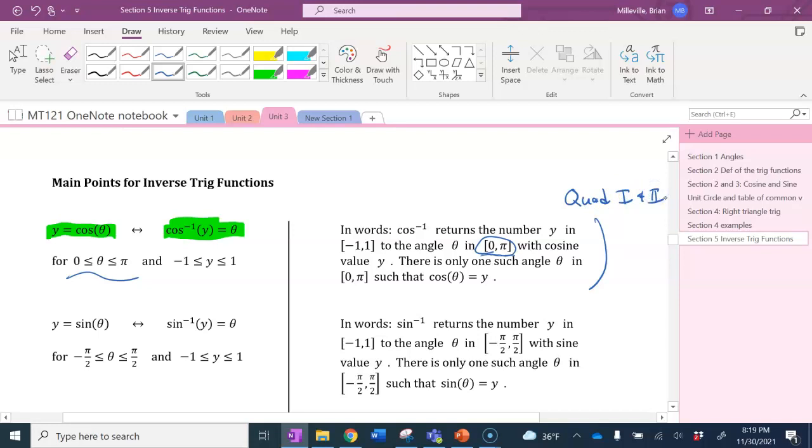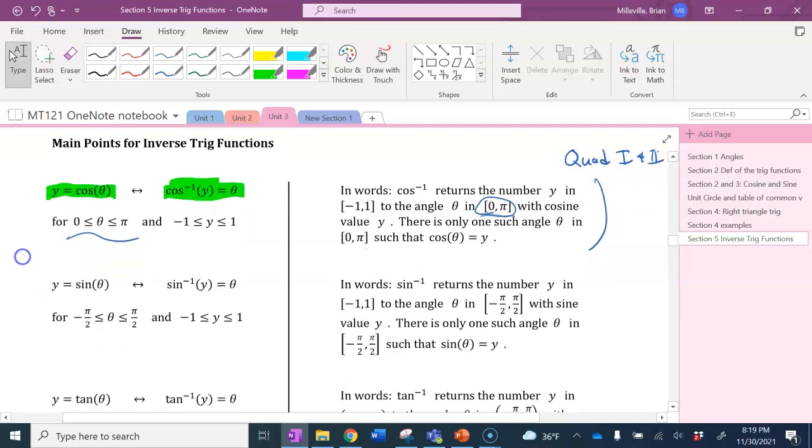The sine function and its inverse are similar, but a little bit different. Thinking about the sine function and its inverse, we have the very similar equivalence. The big difference, though, is that the domain restriction is a little bit different. In words, the inverse sine function is going to return a number back to an angle in the interval from -pi/2 to pi/2.